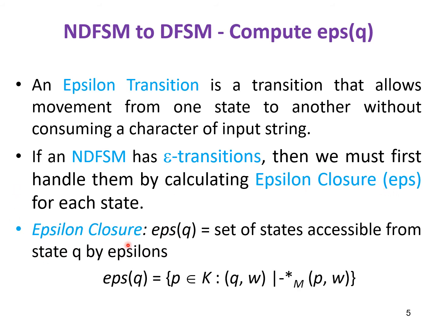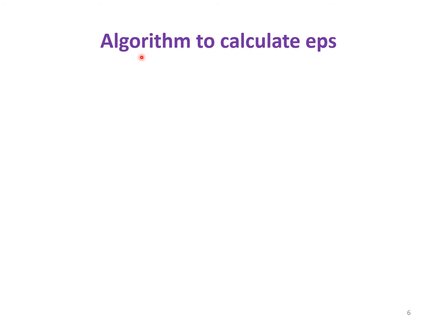The epsilon closure EPS of q is the set of states reachable from state q by epsilon transitions, that is EPS(q) = {p belongs to K : (q, w) yields* (p, w)}. Let us see the algorithm used to calculate the EPS.